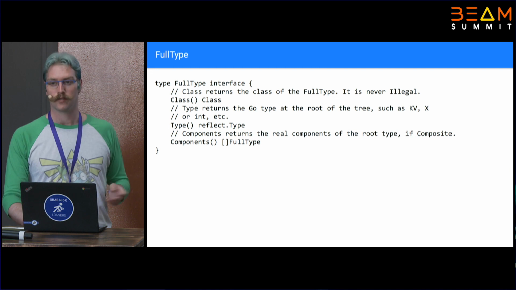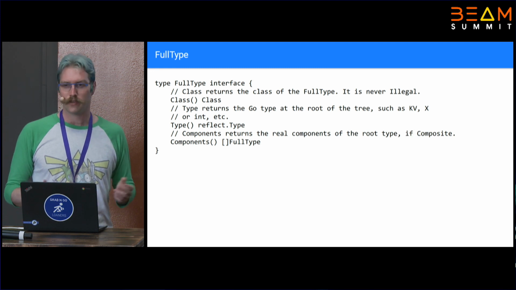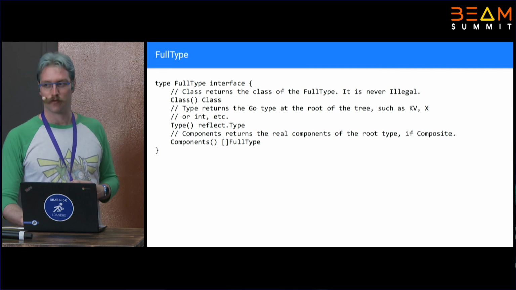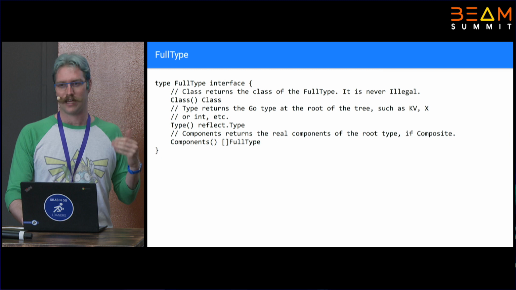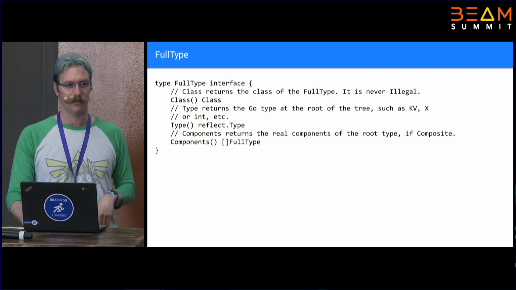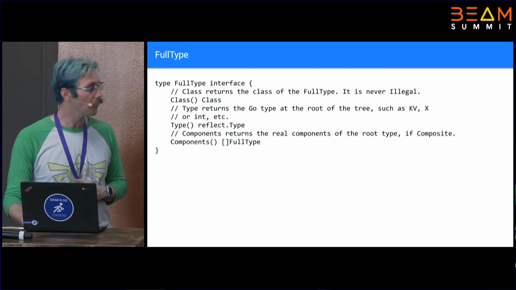So reflect.Type is part of the Go standard library's reflection package, and you can think of it as a java.lang.Class object, if you're familiar with Java. And components allow us to have the full nested tree of CoGroupByKeys with KV types and so on and so forth.